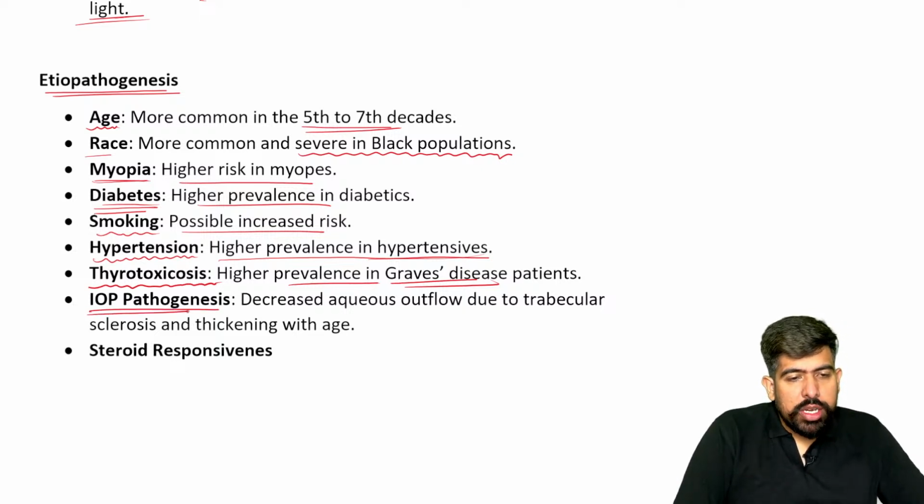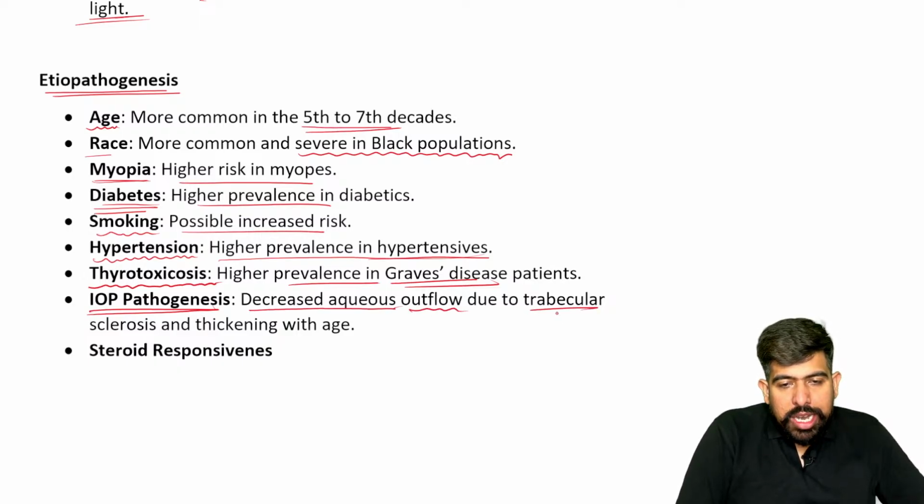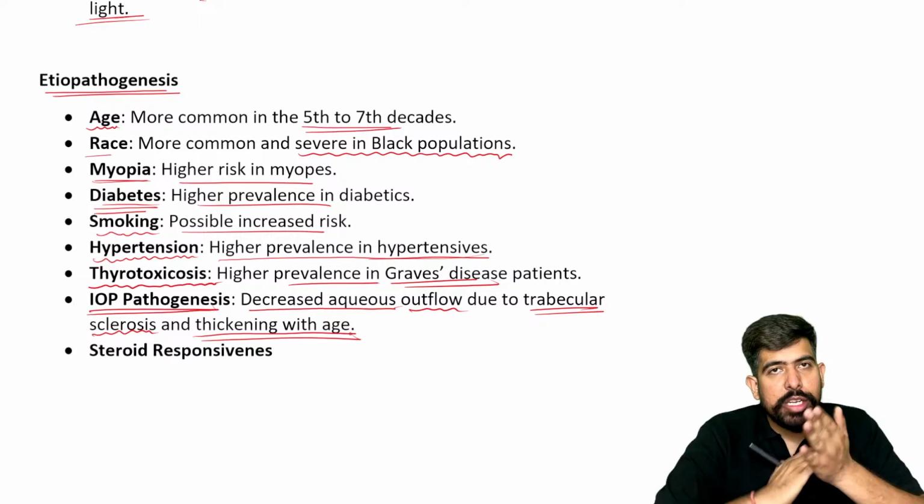Also, if I am talking about the pathogenesis of increasing intraocular pressure, there is a decrease in aqueous outflow due to trabecular sclerosis, or we can say thickening, with age. This is the trabecular meshwork, which we talked about.